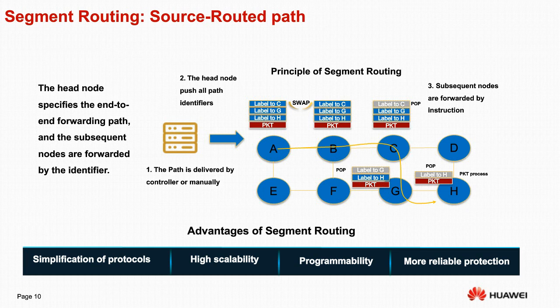So its reliability is better than traditional protection features. Traditional IGP LFA FRR can only protect around 75 percent of scenarios, and remote LFA only gives around 90% protection, but TI-LFA can achieve 100% protection.